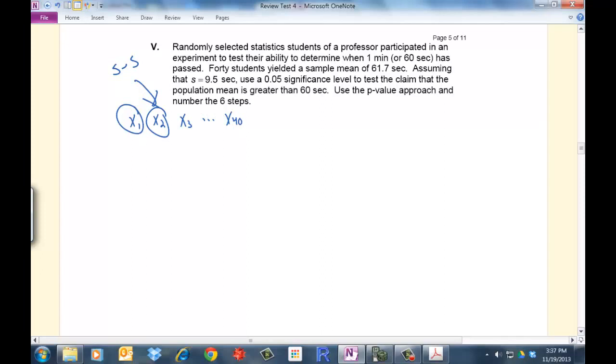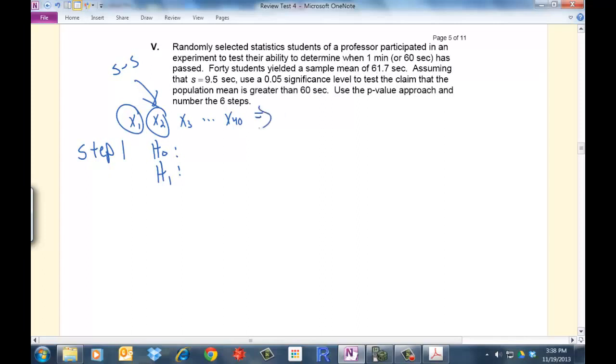Okay, so this hypothesis testing question is dealing with the parameter mu, and so step 1, we're going to structure the researcher's hypothesis. Let's read through here. 40 students yielded a sample mean of 61.7 seconds.